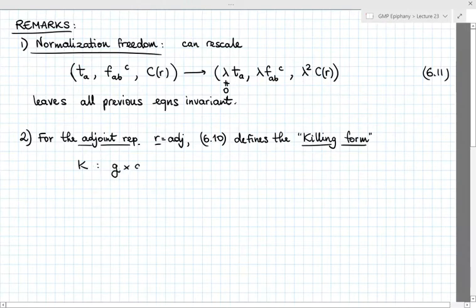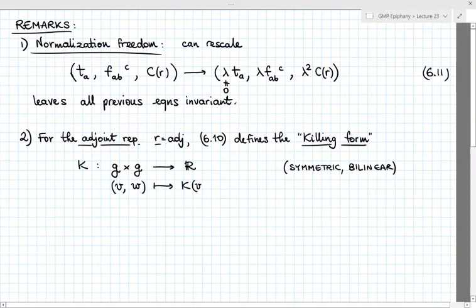So it takes two elements of the Lie algebra and it maps them to a real number. So the Killing form associates to two elements of the Lie algebra, let's call them V and W, K of V, W, which is the trace of the composition of the adjoint action of V with the adjoint action of W.